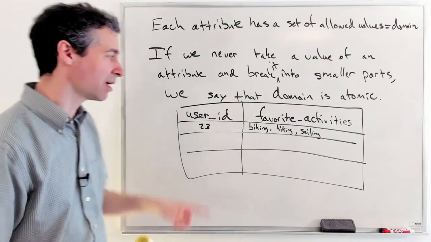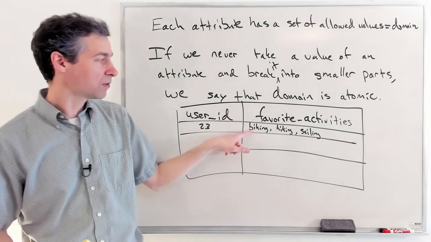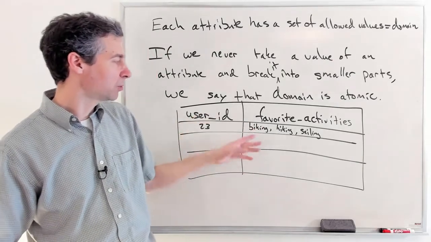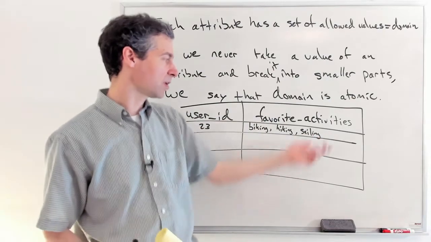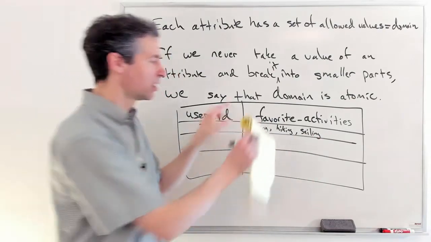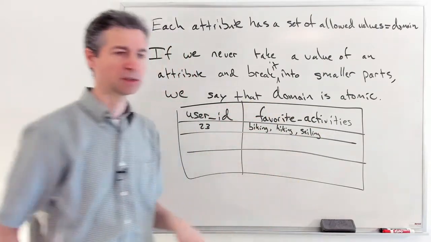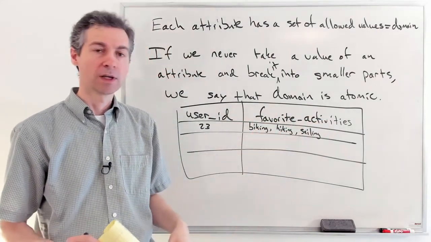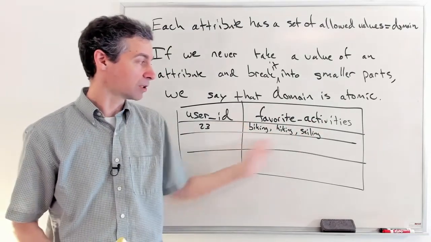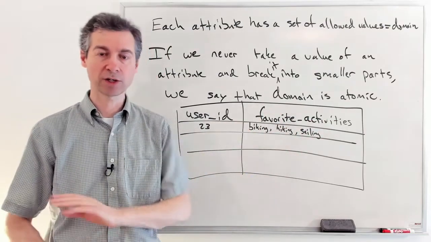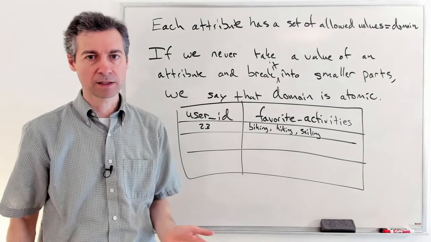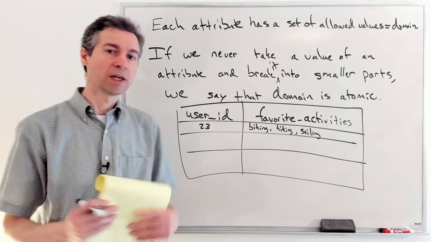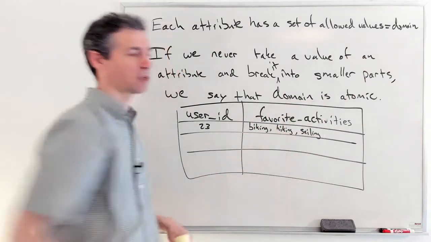But if instead we often find ourselves trying to find people who are biking fans versus sailing fans, where we start to chop up this string and query based upon the subparts of this string, then basically we have a set or a list of things stored in one attribute. That is not an atomic attribute, because we're not using it in an atomic fashion. We're using subparts of that attribute.